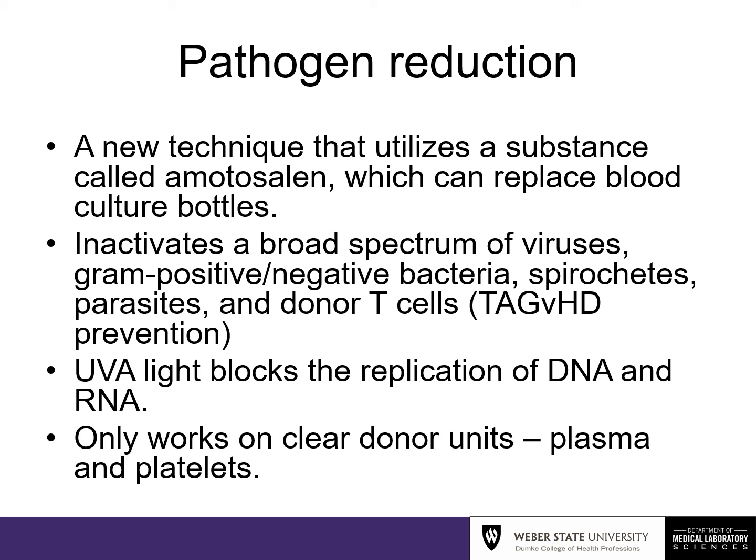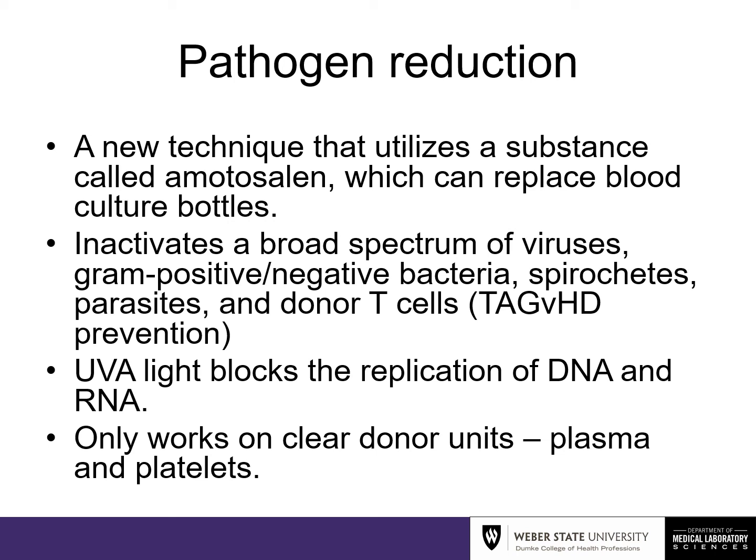So pathogen reduction has the ability to inactivate a broad spectrum of pathogens, such as gram-positive or gram-negative bacteria, spirochetes, parasites, and T cells from the donor, which is associated with TA-GVHD prevention.